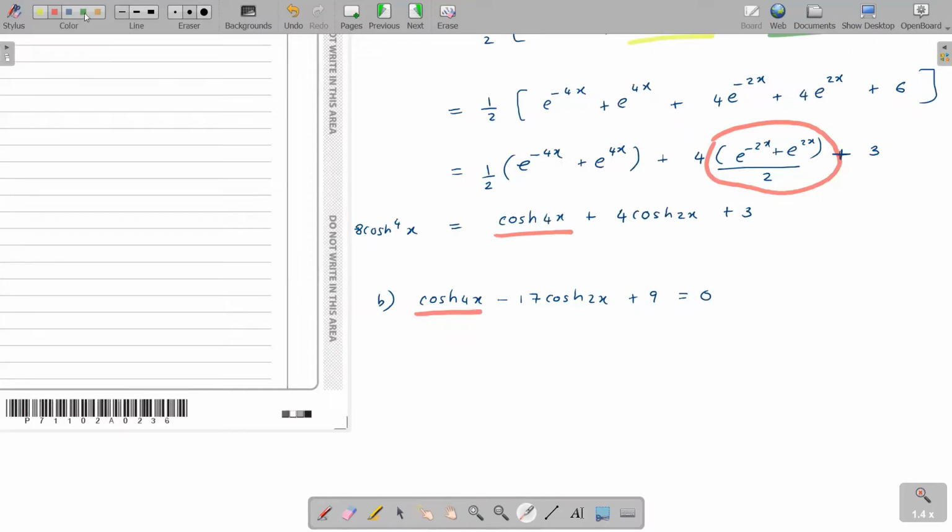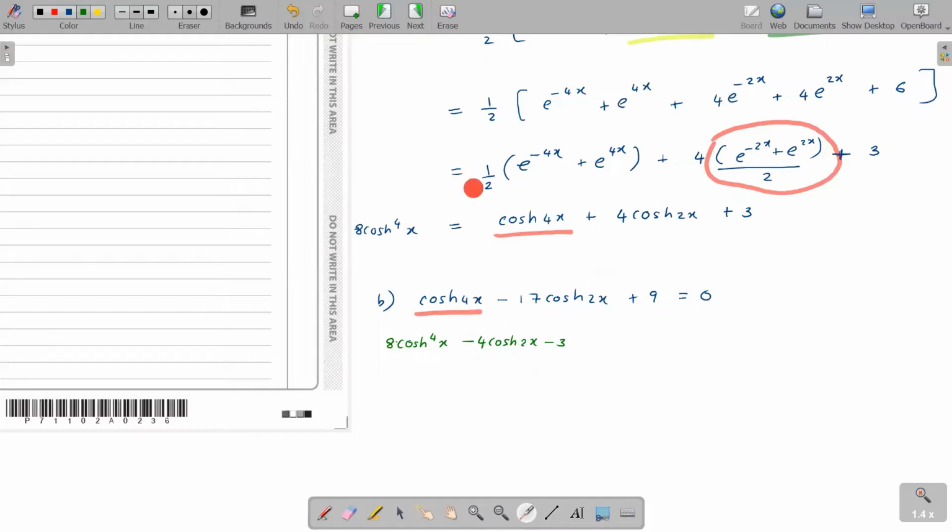Do you agree with me? So who is cos 4x? It's 8 cos to the power 4x minus 4 cos 2x minus 3, right? That's the replacement of cos 4x.